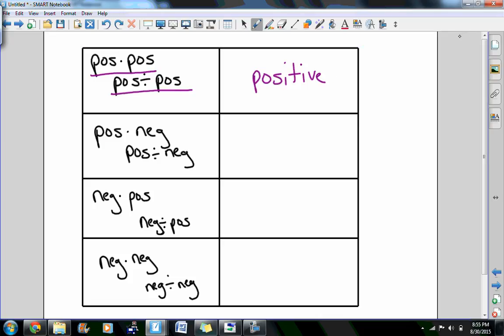Now, if we have a positive and a negative fighting in either multiplication or division, we know that the negative is going to win, whether that number comes second or if that number comes first.